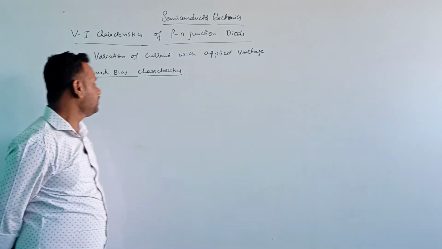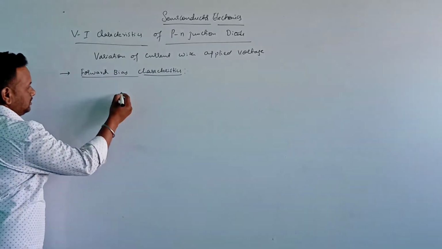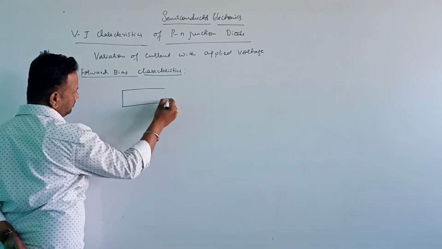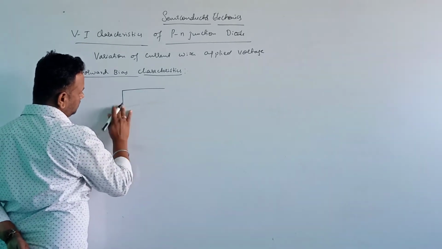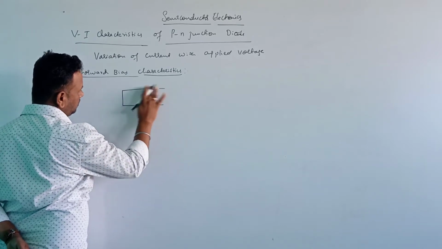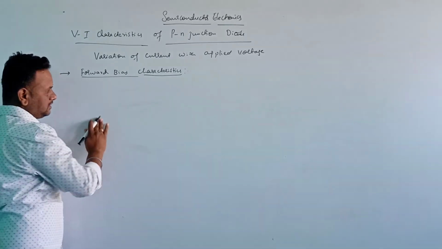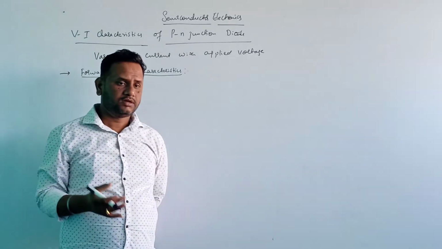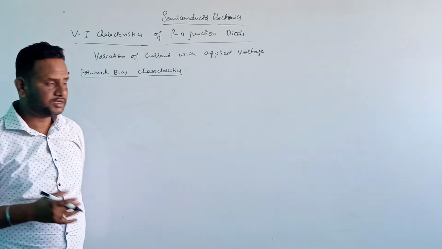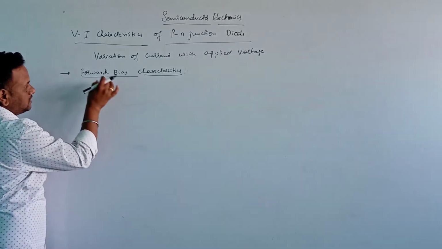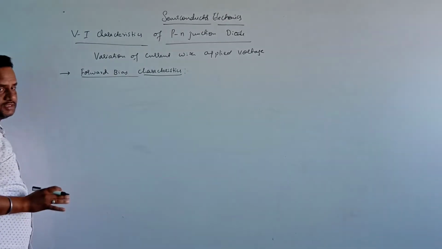Now here we have taken a diode. As in the previous class, I told you that this is forward biasing. Now I am drawing a circuit diagram of this forward bias characteristics.